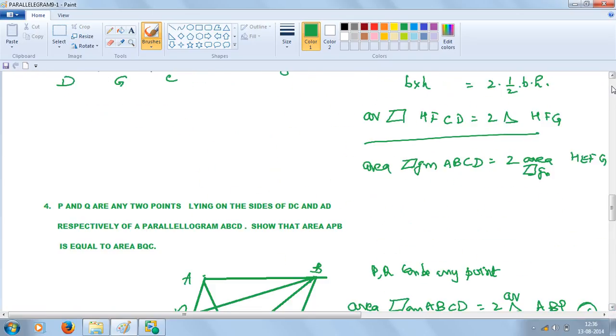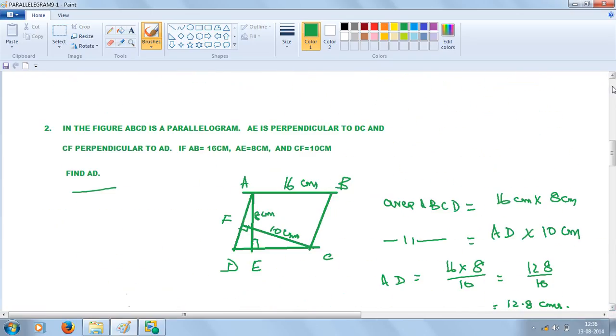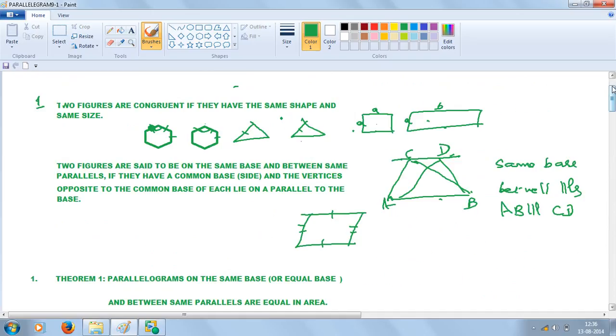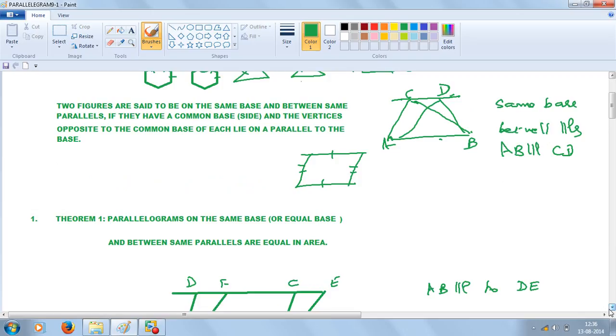So what we have learned, now we will go back to the first theorem again. Parallelograms on the same base or equal base between the parallels are equal in area.